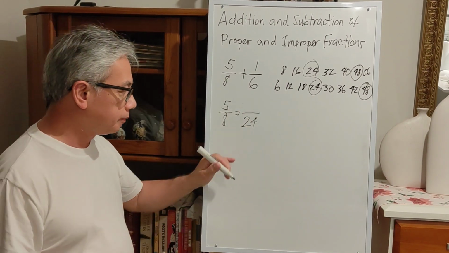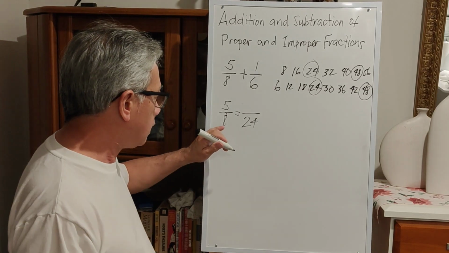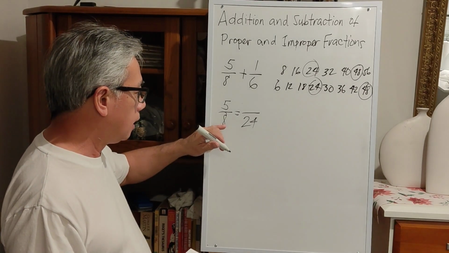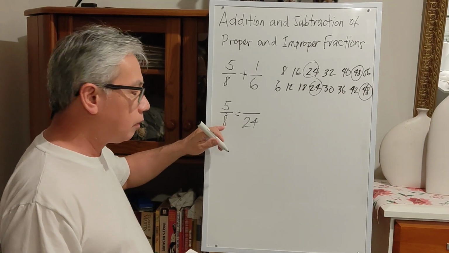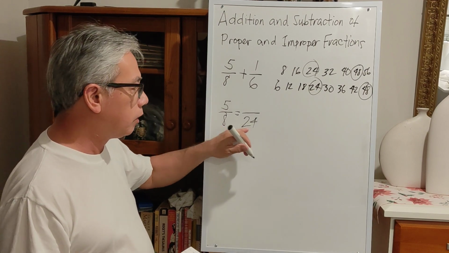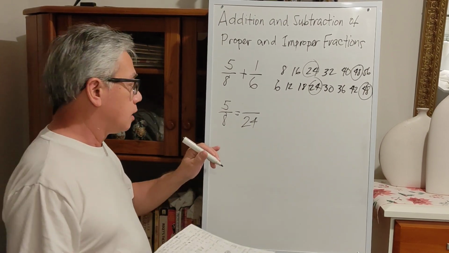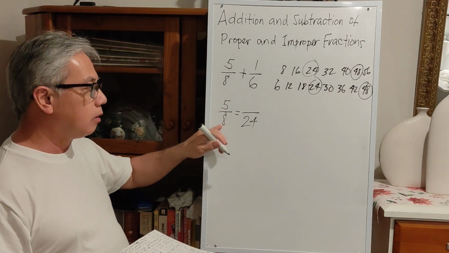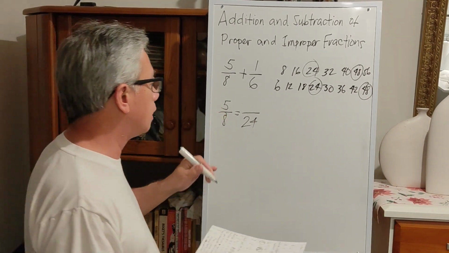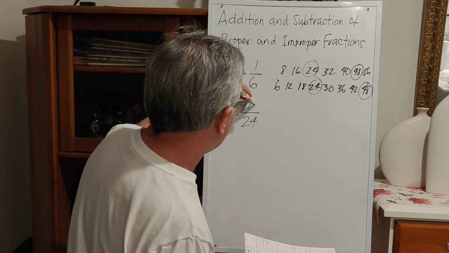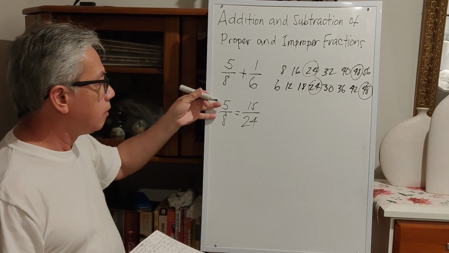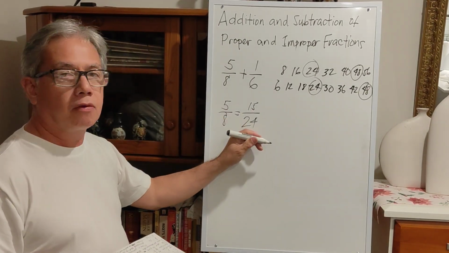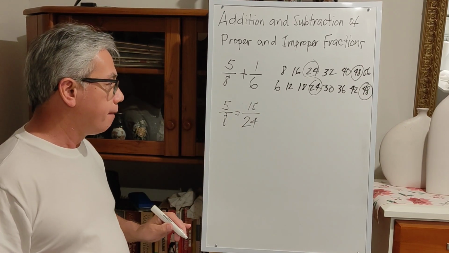If you see at the bottom, the number that we multiply with 8 to become 24 is 3. So 8 times 3 is 24. If we multiply the bottom by 3, we have to multiply the top by 3 as well. So 5 times 3 is 15. So 5/8 is the same as 15 over 24.